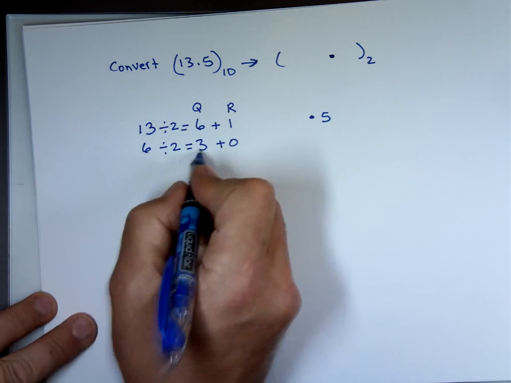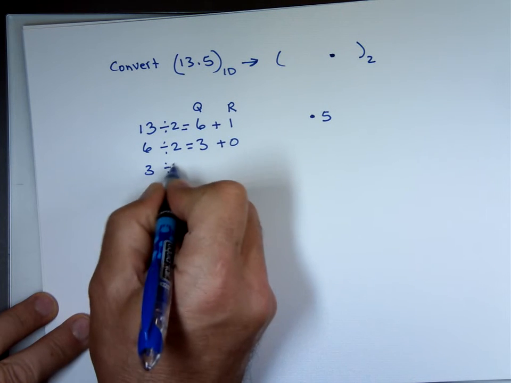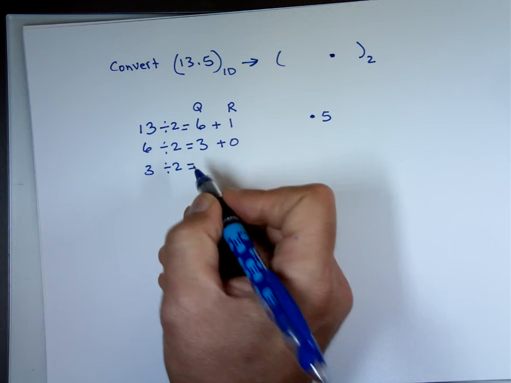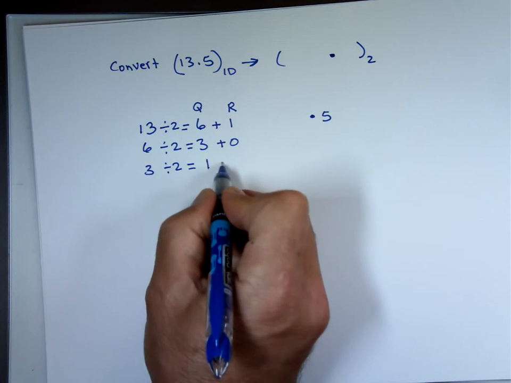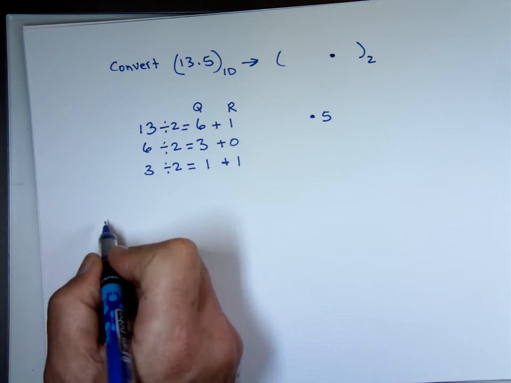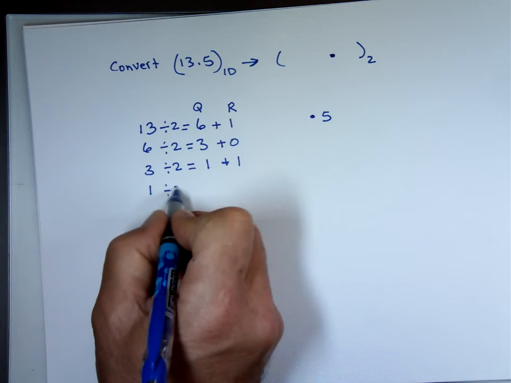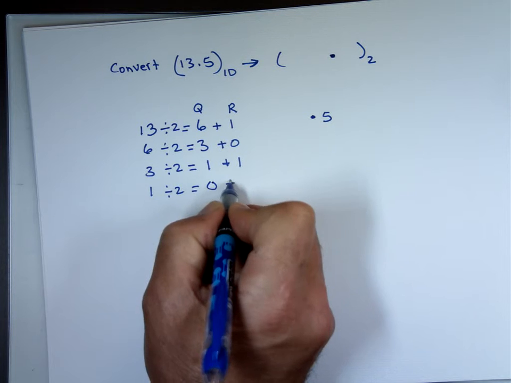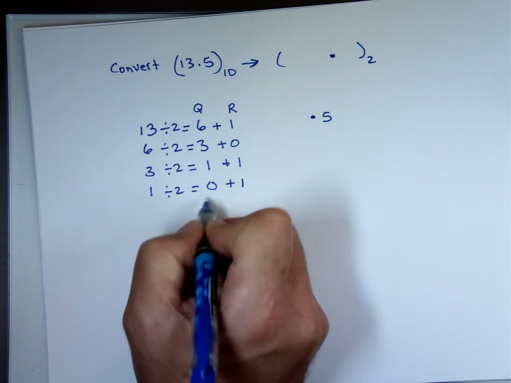What is 3 divided by 2? Because you're going to base 2, you always divide by 2. 1, remainder is 1. And what is 1 divided by 2? You can't. 0. And what's your remainder? 1. Once you see a 0, you are done.